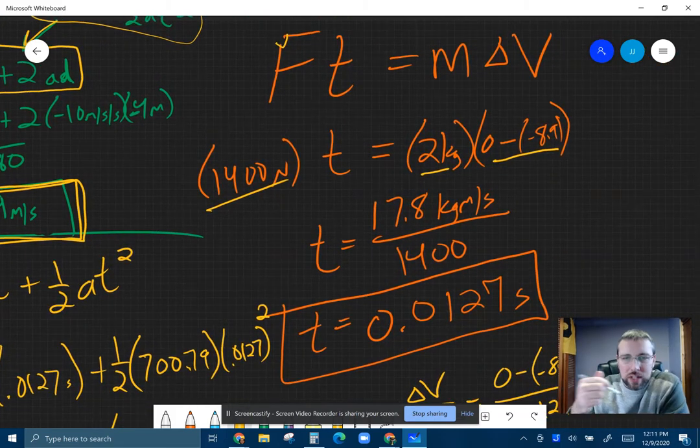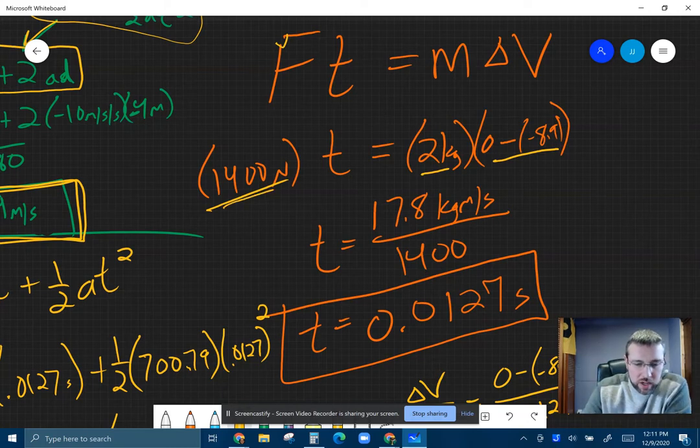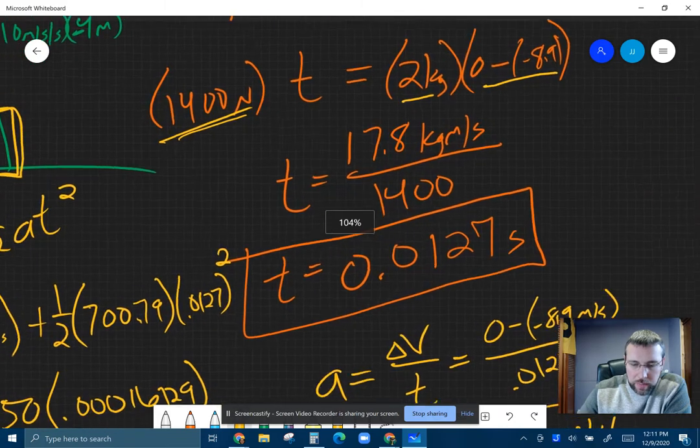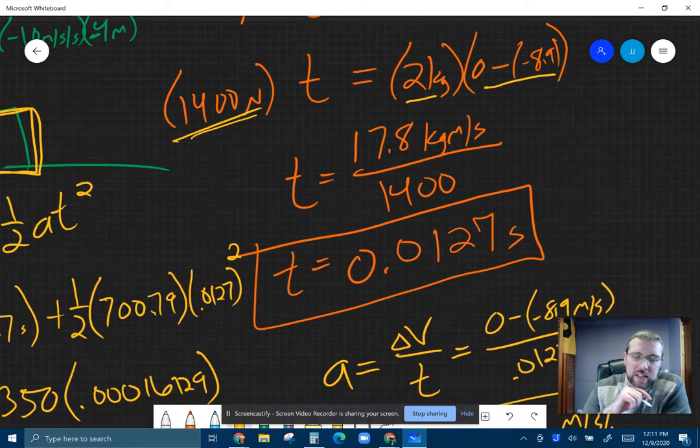So we have a change in velocity of 8.9 meters per second. 2 times that is 17.8 kilogram meters per second. So that's our change in momentum. If we divide by the 1400 newtons, we get about 0.0127 seconds. So it's pretty quick, just over 100th of a second, and that watermelon goes smush.